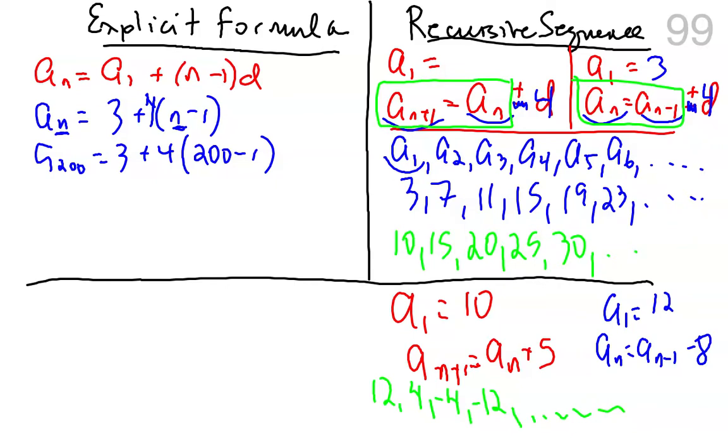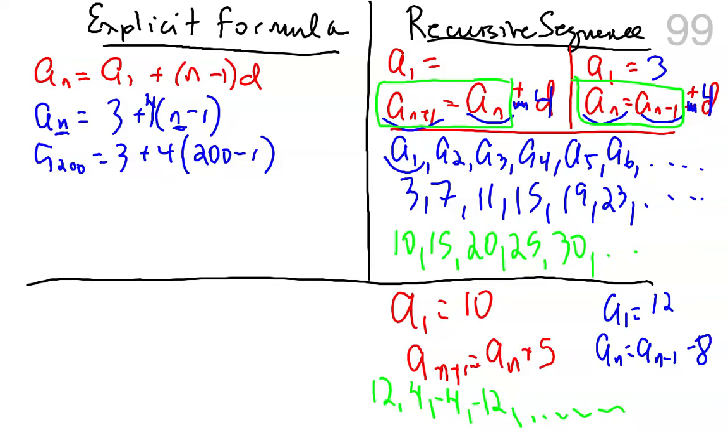Okay, let's do the green one. Write out an explicit formula for the green one, 10, 15, 20, and so on and so forth. Okay, ready?